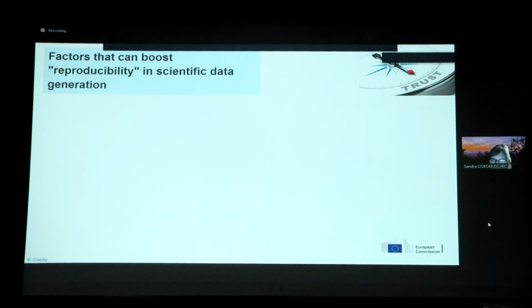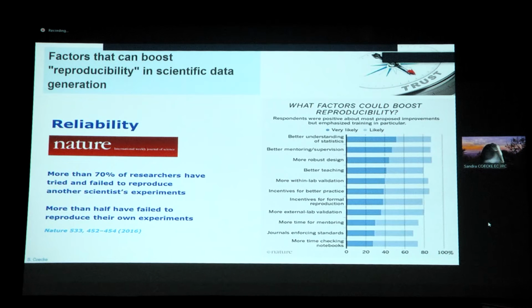What we have seen, and I think David will speak about this also, is that unfortunately, and this is not only with life science, but in general, science has an issue of reproducibility and reliability. And often this is due to better design of methods, better supervision, looking across labs so that you can reproduce these methods.